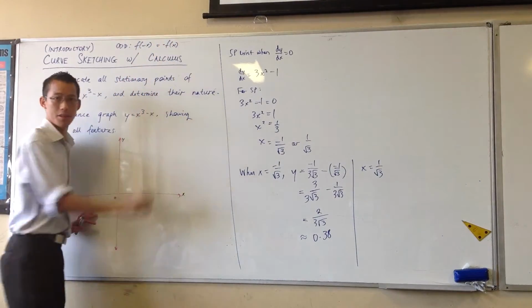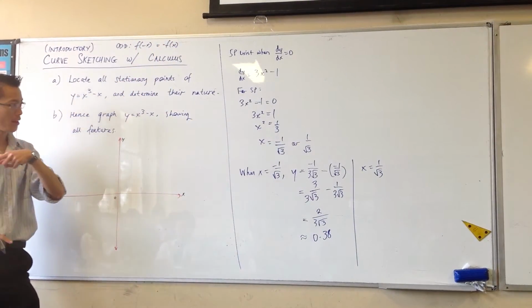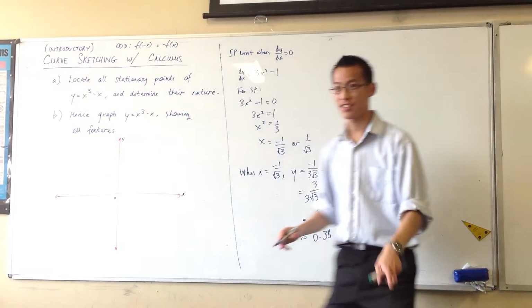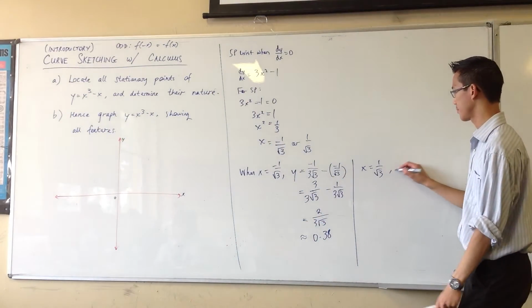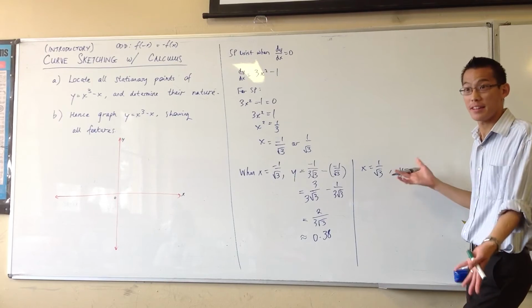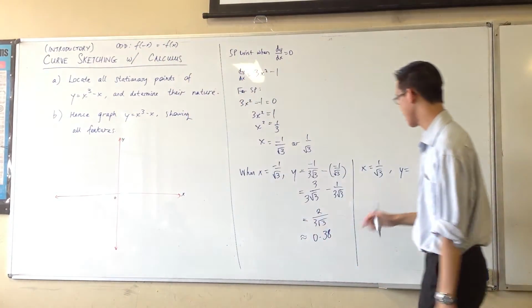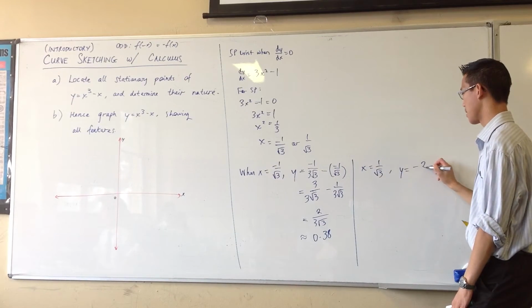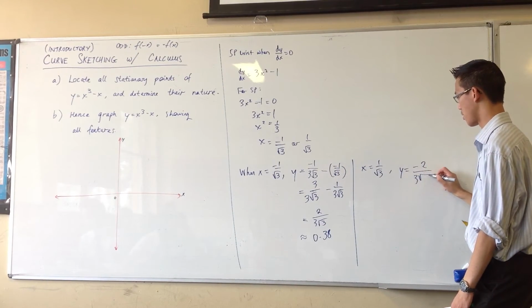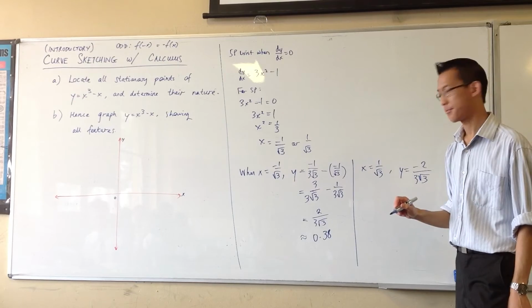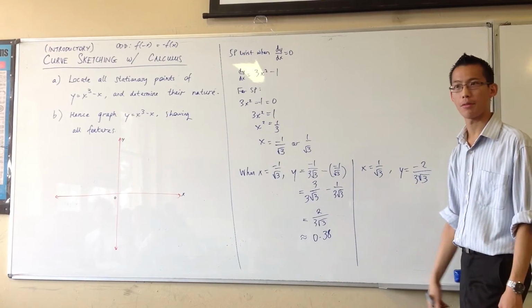One side is the other side upside down, okay? So therefore, where are you expecting the other stationary point? It's going to be negative, right? One side is negative the other. So I can say straight away that this is going to be negative 2 on 3 root 3. Okay? Which is negative 0.38.